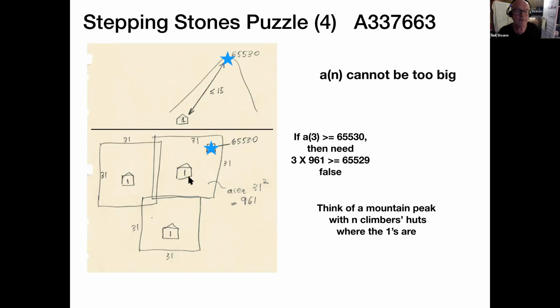That means someone has put down stepping stones, 2, 3, 4, 5, 6, all the way up to 65529 before this. So inside these squares, we must have all the numbers from 1 to 65530. But the total area here is at most 3,000. So that's a contradiction. So it's bounded.